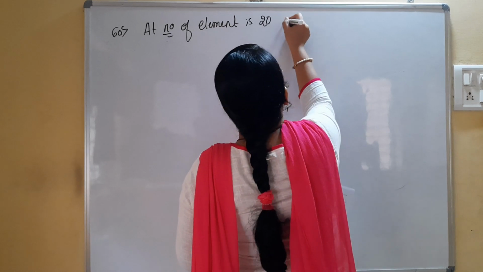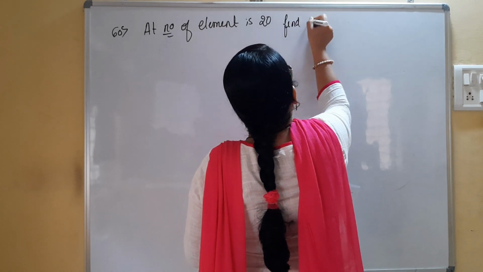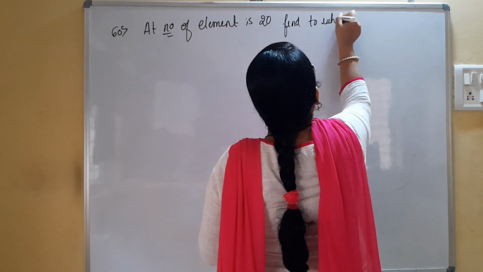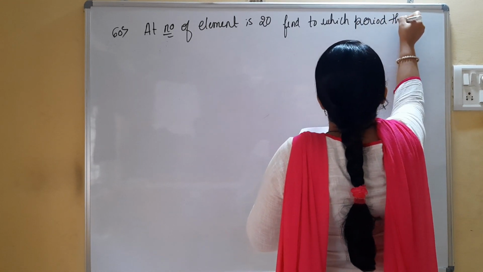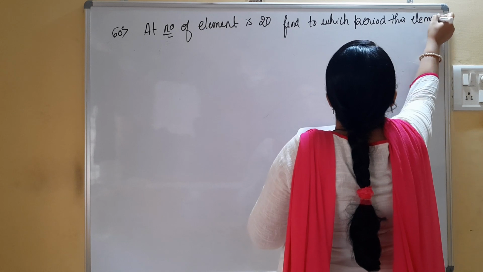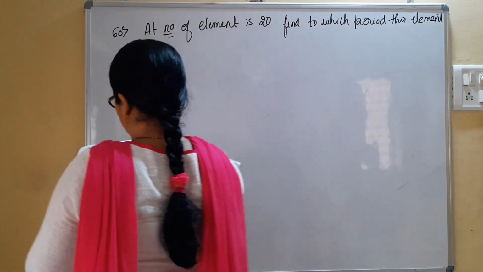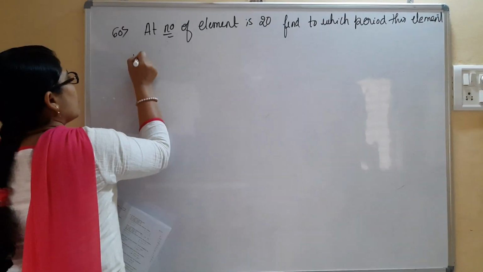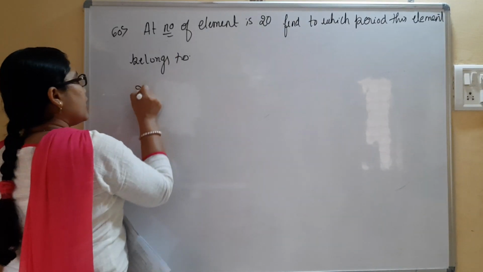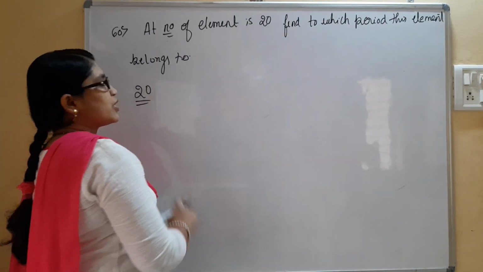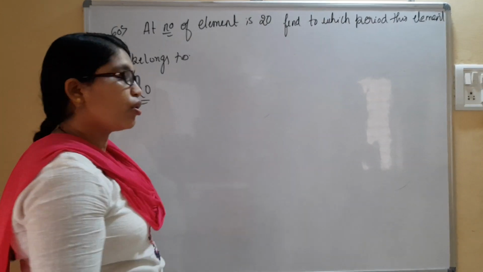Find which period this element belongs to. Okay, atomic number 20 has been given, so very first we are supposed to write the electronic configuration.